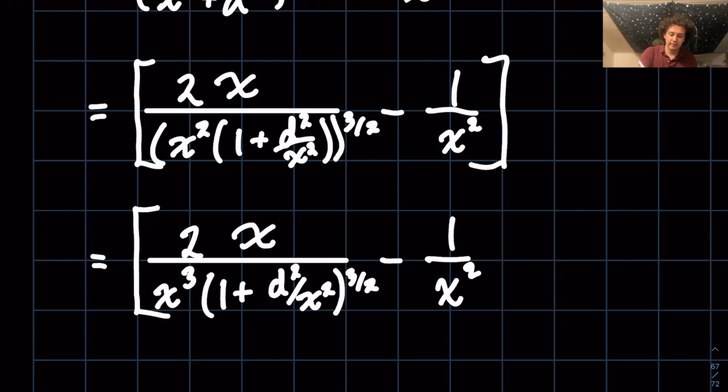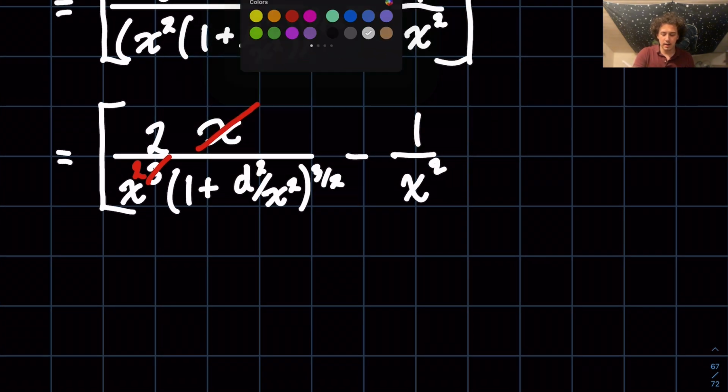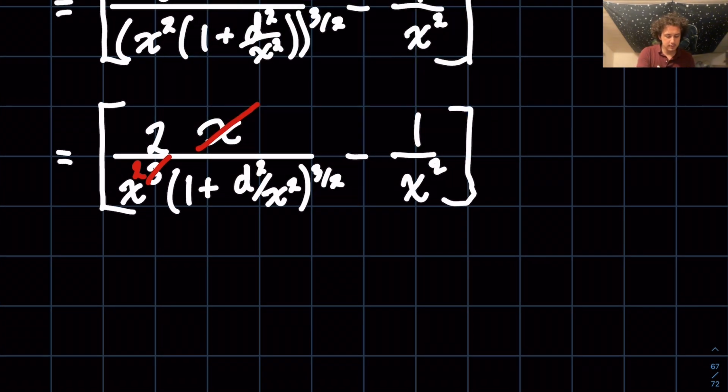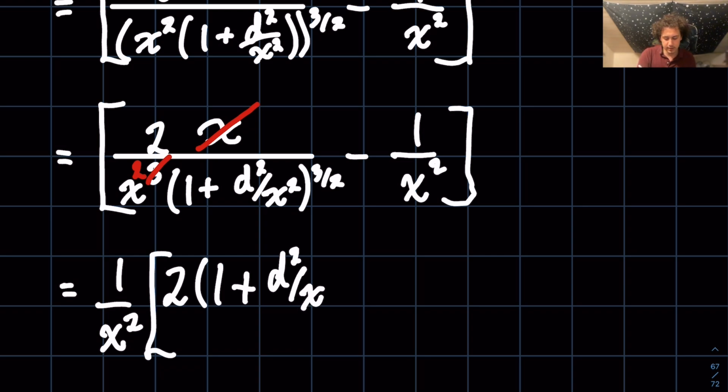But if you notice, we have an x right here, and that'll cancel with 1 factor to go to 2. And so we can actually just pull out a 1 over x squared times this 2 times 1 plus d squared over x squared, to the minus 3 halves now, minus 1.